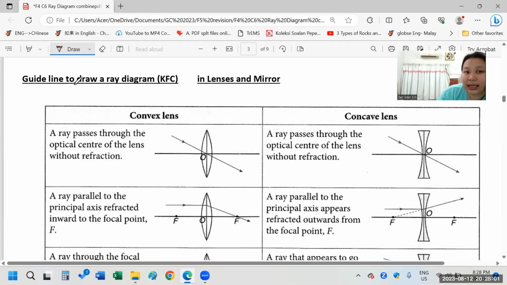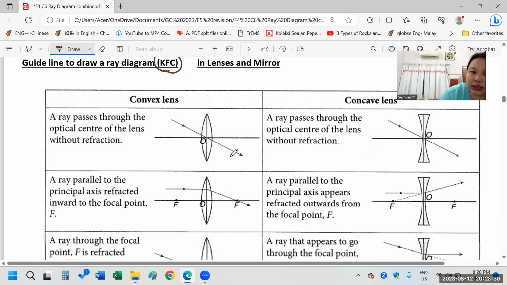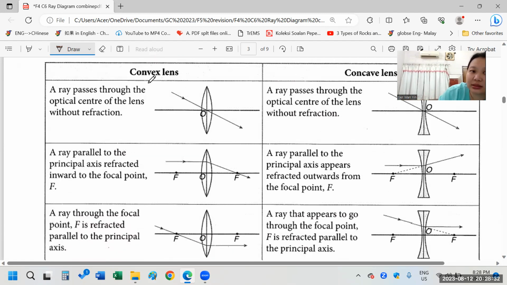Okay, so now the guideline to draw the ray diagram: KFC. Next page. KFC. First of all, we look at the convex lens.